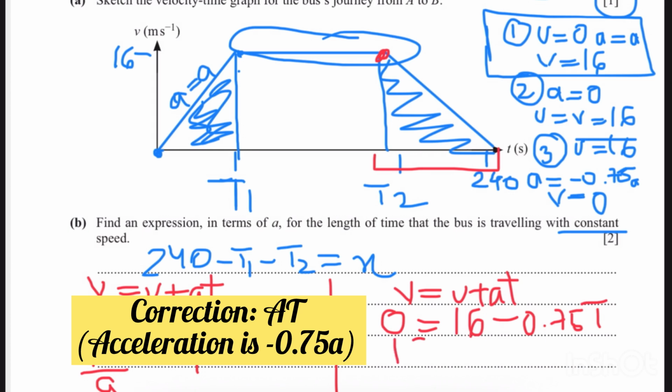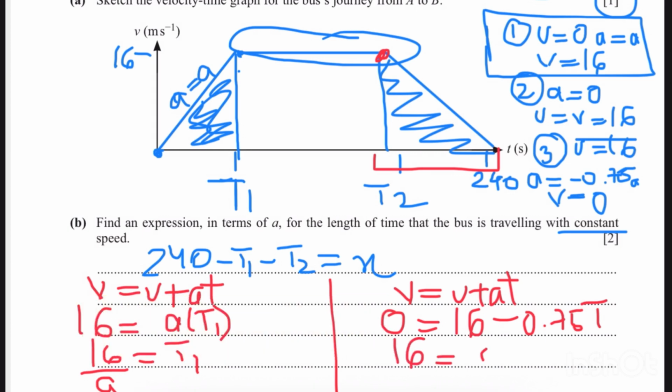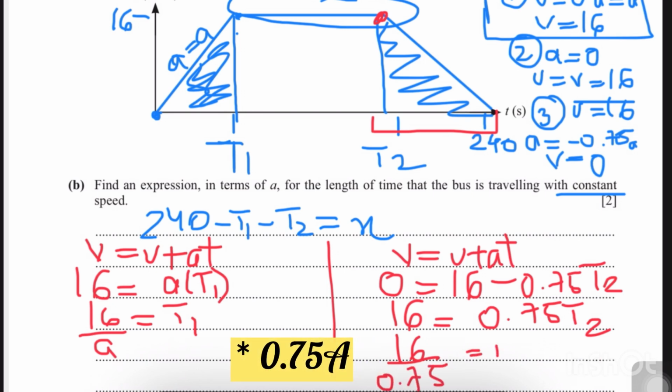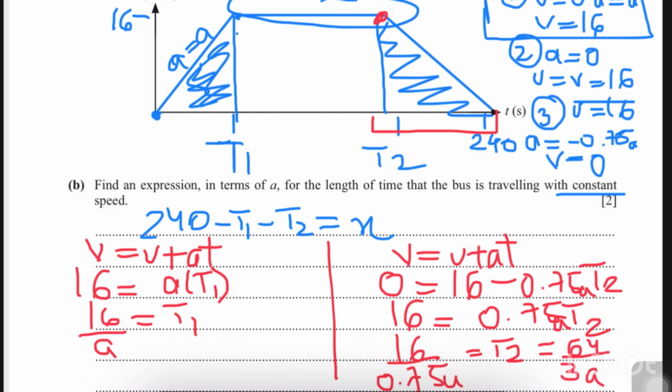That means when we rearrange, this becomes 16 is equals to 0.75 t, and this t we will write as t2. So 16 divided by 0.75 is equals to t2, which is equal to 64 over 3a. Sorry, I missed an a over here. This will become 64 over 3a.